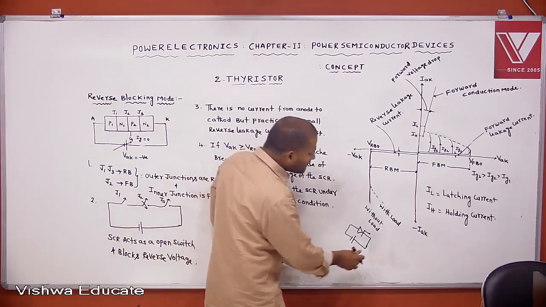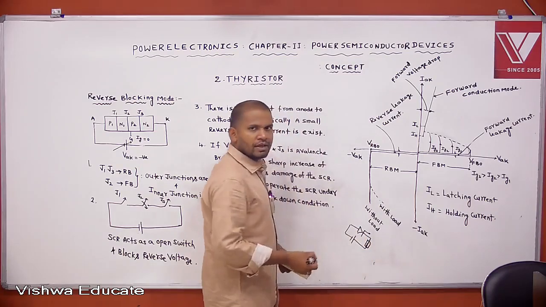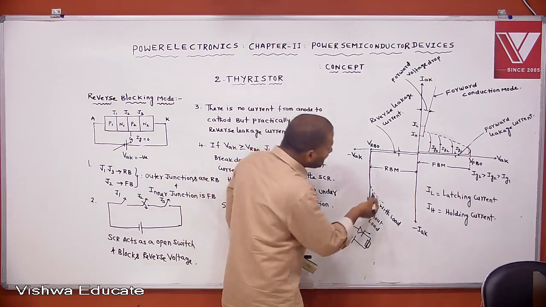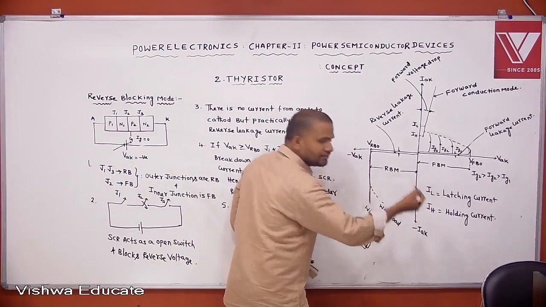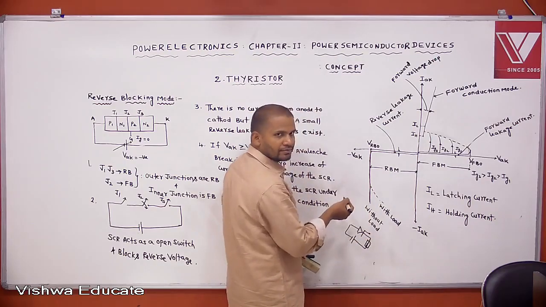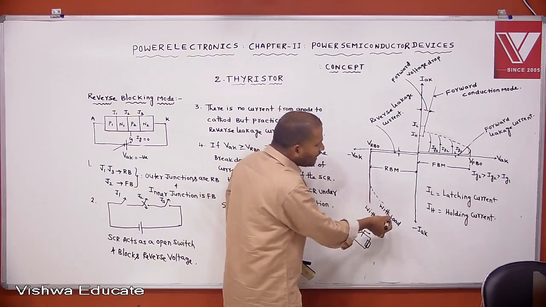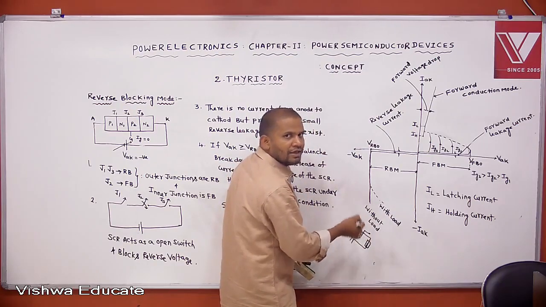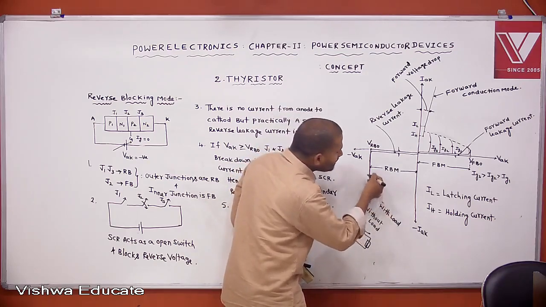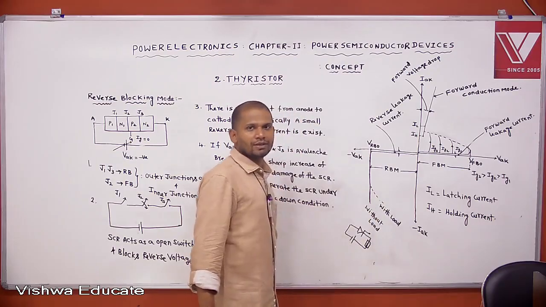If the same SCR operates in reverse breakdown condition connected with some load, then the characteristic is slightly bent towards the right side because of the load parameter. That's why I have given the two characteristics.